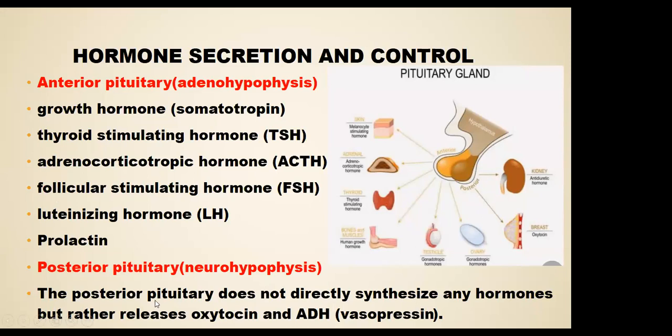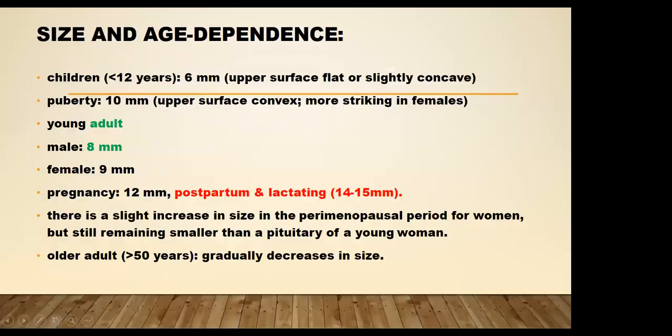The pituitary gland will adapt in size according to the age of the patient and changes. In children, it will be less than 6 millimeters and the diaphragma sellae will be flat or slightly concave. This is the normal. In the adult, it has a median maximum height of 8 millimeters plus or minus 1 millimeter.